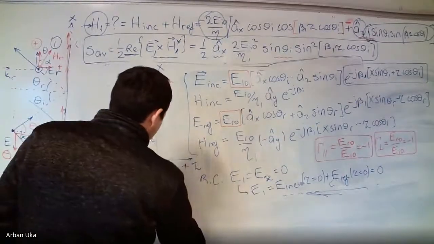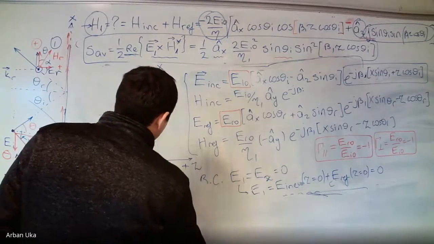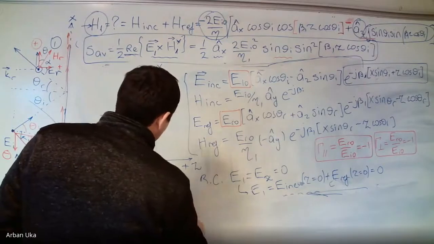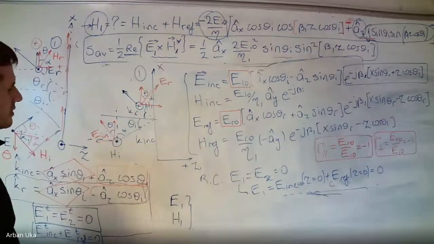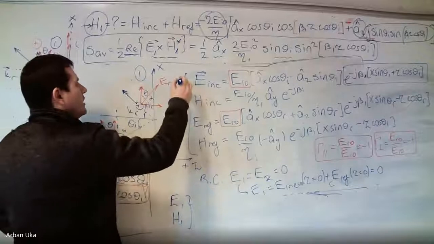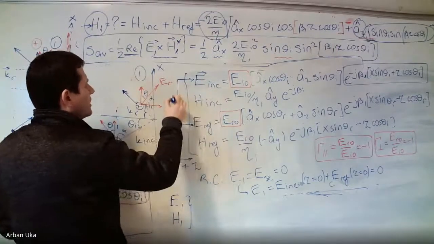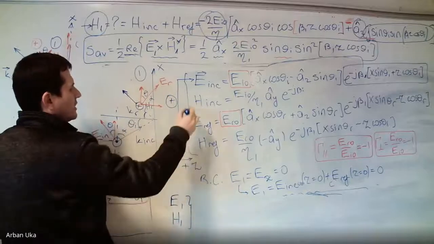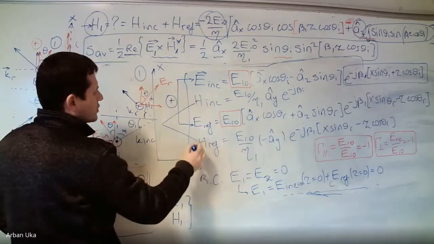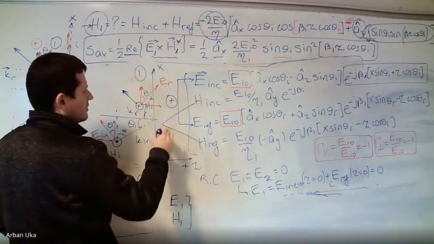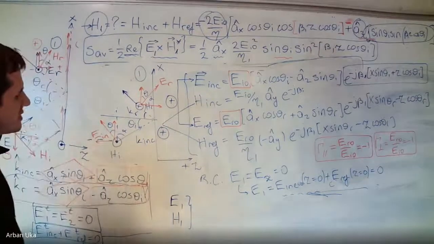We need to find E1 and H1. E1 should be equal to the incident wave plus the reflected wave, so we add these two together. And then we add also the magnetic field intensities.